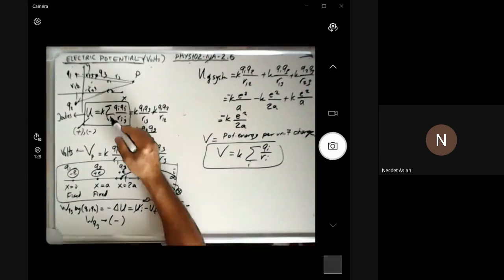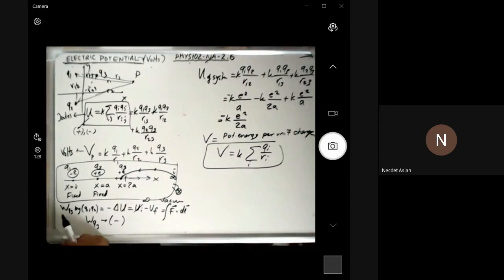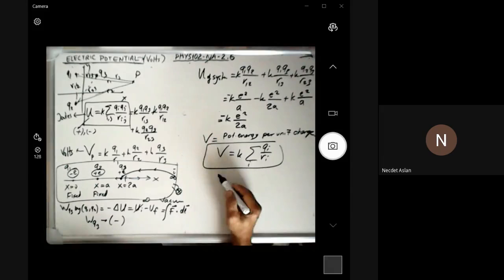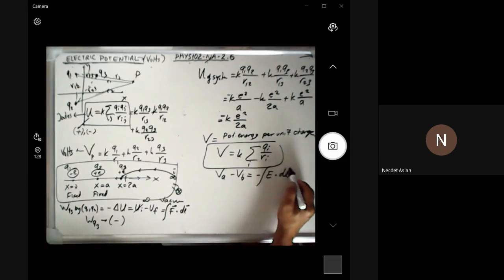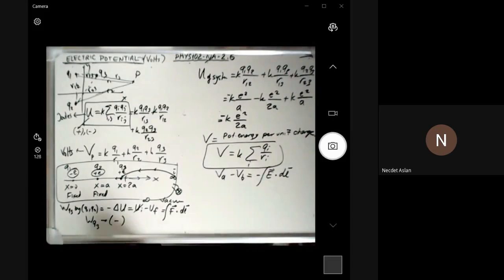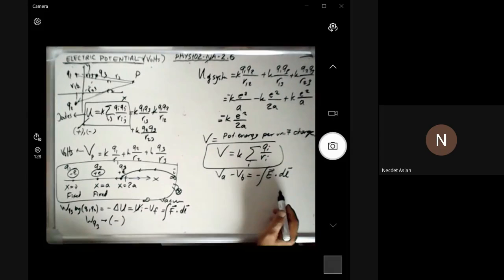There is only one sum here, but two sums there. So basically this is it. So now we have this expression, don't forget, VA minus VB. If the object is moving from A to B, it is equal to just minus E dot dr, the minus sign. So this is the equation to be used.